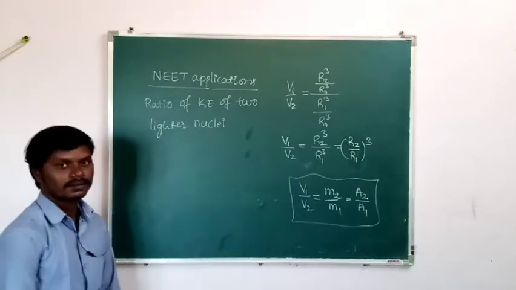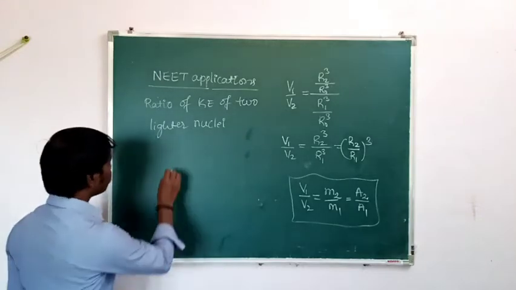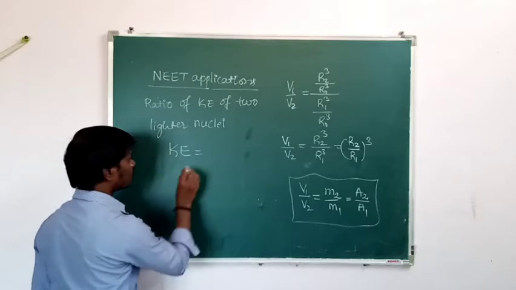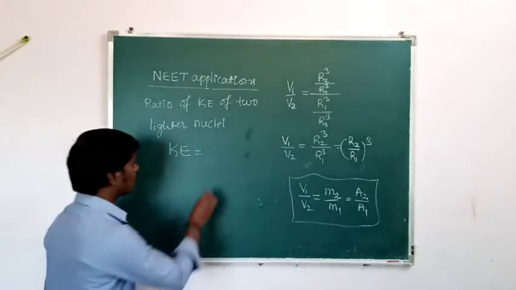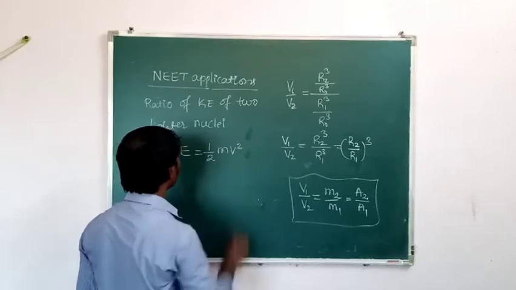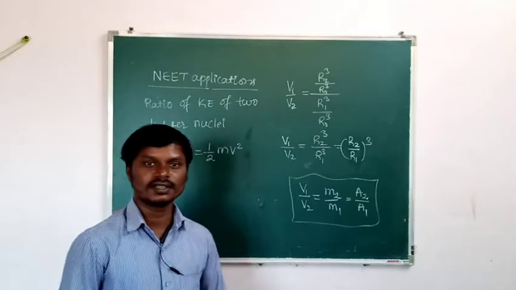First we have to write the kinetic energy in terms of momentum. So what is the formula used to find the kinetic energy? That is Ke, here kinetic energy, is equal to 1 by 2 m into v square. But we have to express this kinetic energy in terms of momentum, because here momenta are equal.